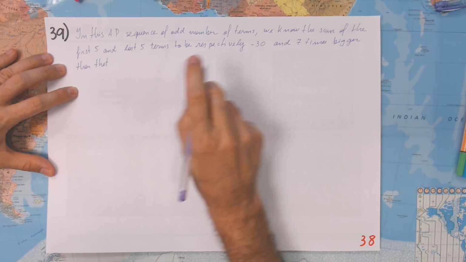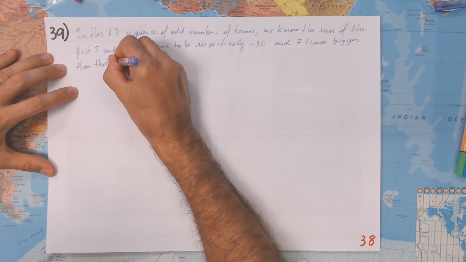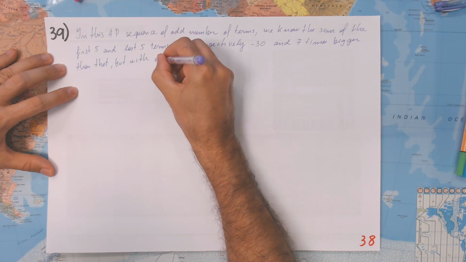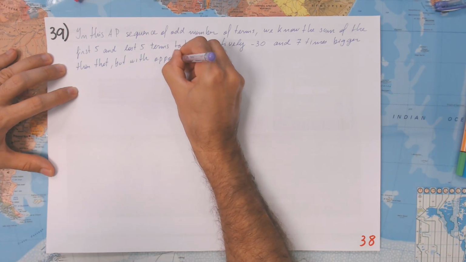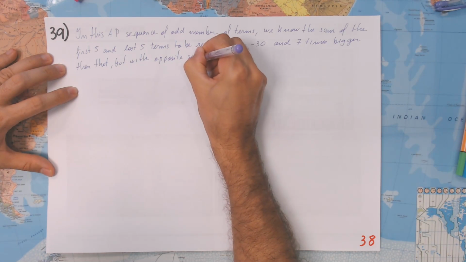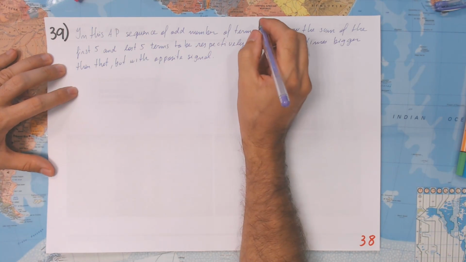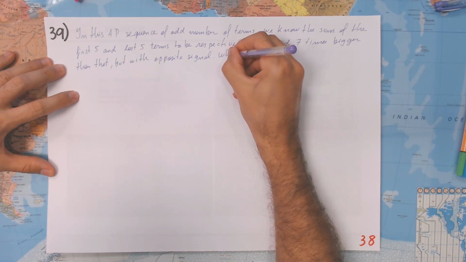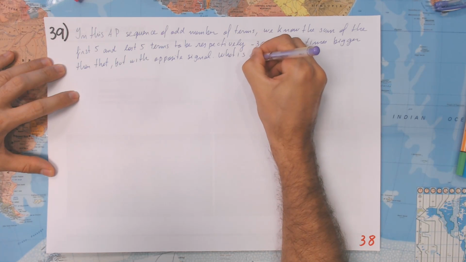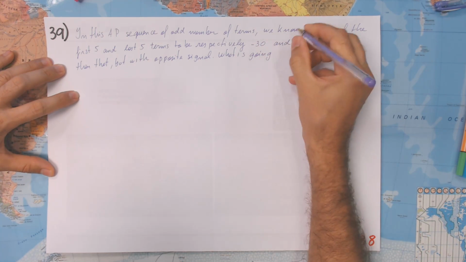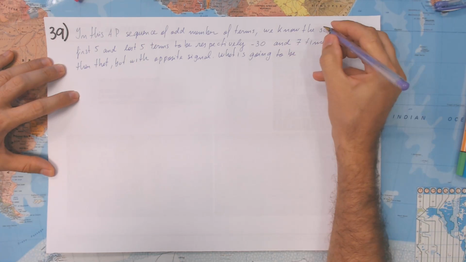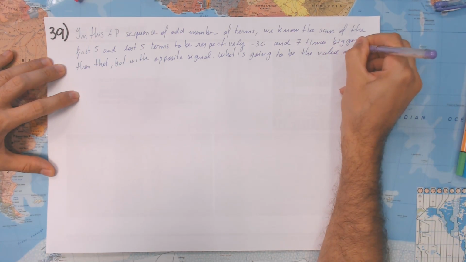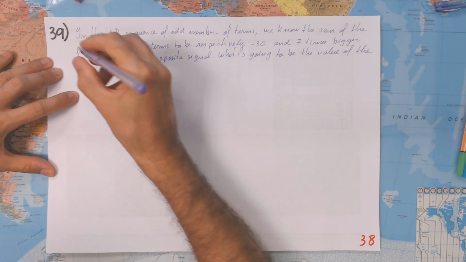That is minus 30, okay? But with opposite signal. Okay? Now, what is going to be the value of the middle term?